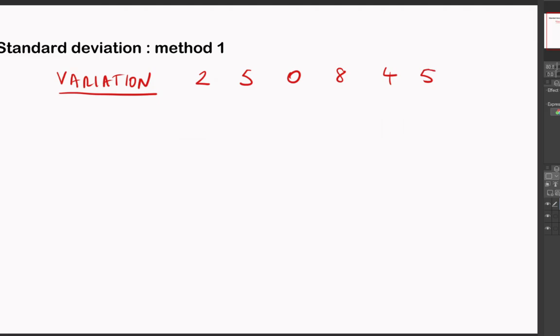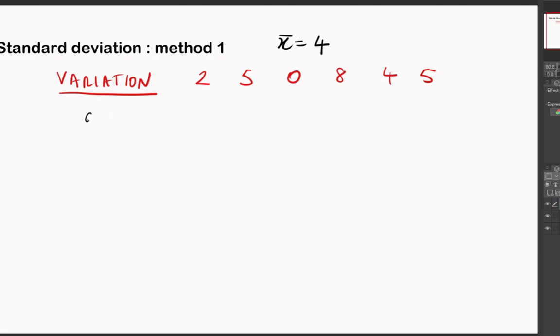Now, what we're looking for, first of all, is the mean. I've already worked out the mean. The mean is actually 4. So what we're going to do is work out how far each of the numbers is from the mean.